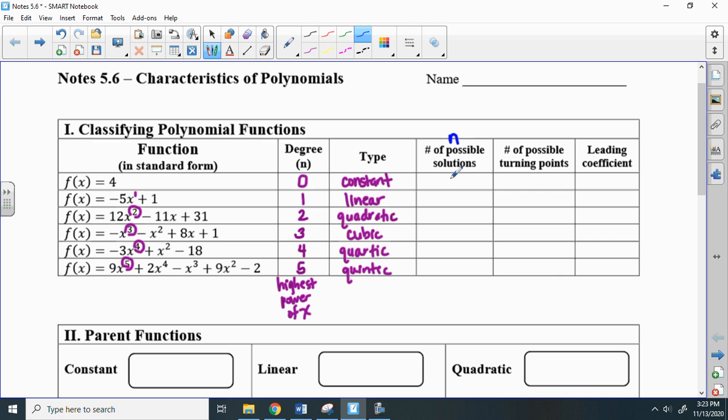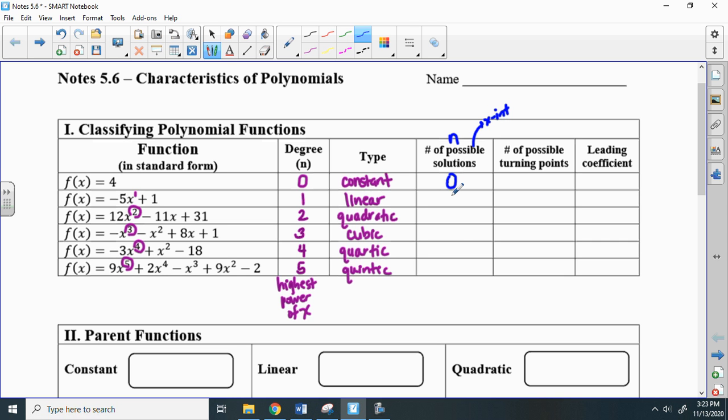If we have a constant, almost always there are no solutions. Remember, solutions are the same thing as x-intercepts if we were looking at a graph. Unless the equation is y equals 0, for a constant, you will never cross the x-axis.